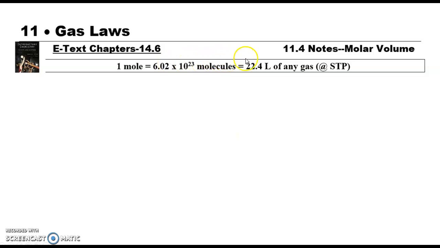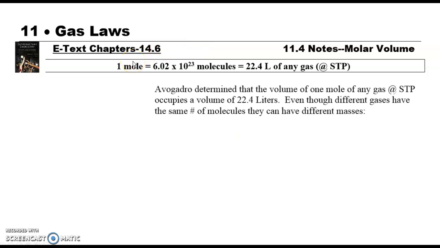However, we now also can use the idea that 22.4 liters of any gas, as long as it's at standard temperature and pressure, is worth a mole also. So again, Avogadro's number determines the volume of 1 mole of any gas at STP. It occupies a volume of 22.4 liters, which is a pretty nice size volume.